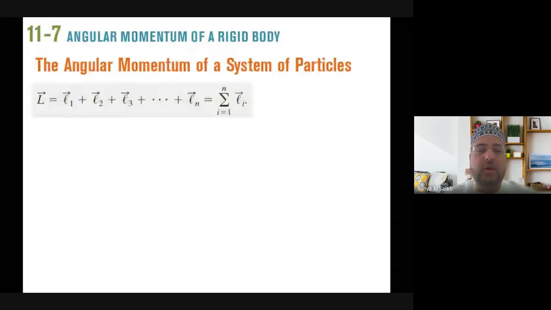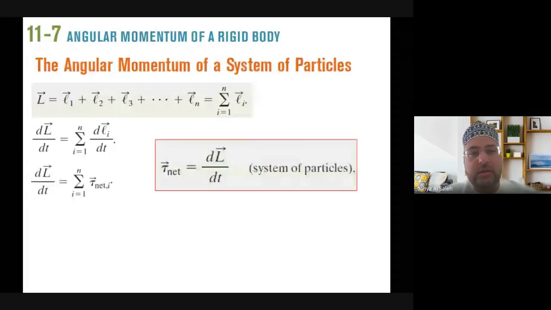Well, to start with, since angular momentum is a vector, to find the total angular momentum we can simply add all the angular momenta. And just like for one particle, if we do dL by dt, we get torque.